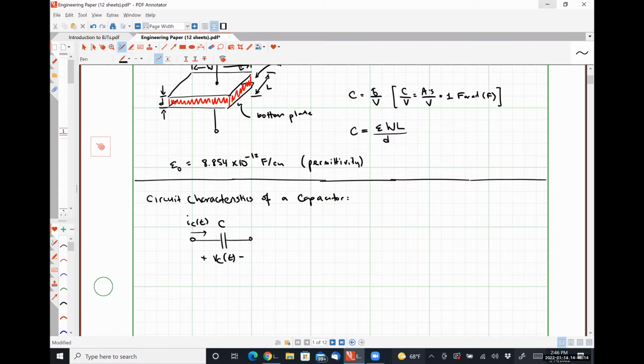Means that this guy is absorbing power, and if the current were flowing into the negative polarity terminal, this guy would be supplying power. Since this is an energy storage element, it is actually capable of supplying power. This is the symbol for a generic capacitor.